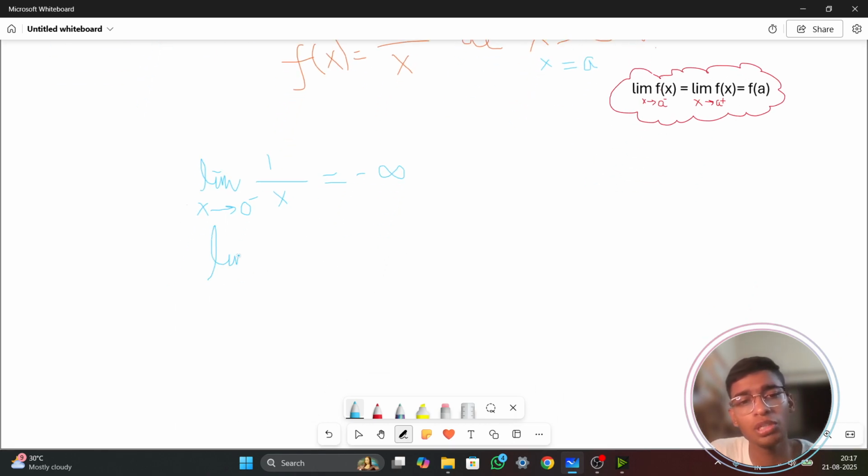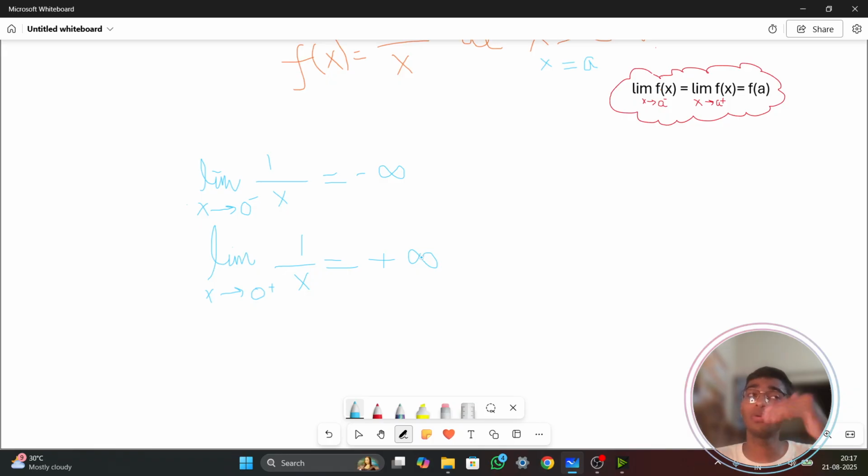Now for the second portion, the limit again. My function is 1 by x. Now I need to check when you are coming from the 0 positive side, that is the right hand side. 0 positive means some value close to 0 coming from the positive side of the x-axis towards 0. So you get plus infinity.